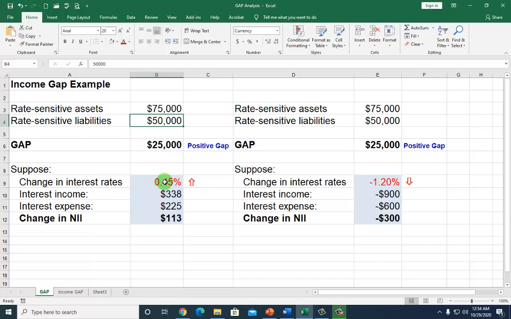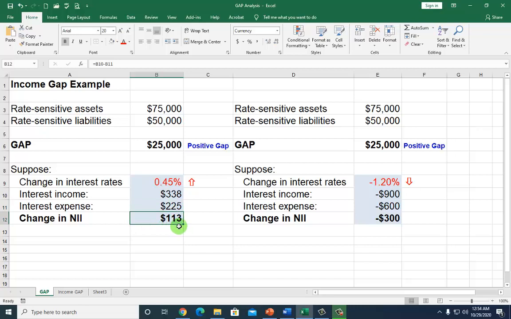If interest rates go up, then that means that more of our assets are going to be repriced at the higher income, giving us a little bit more than what we're going to pay in interest expenses, making our net interest income rise by 113.